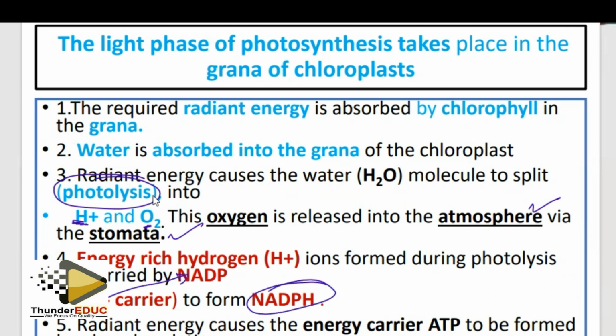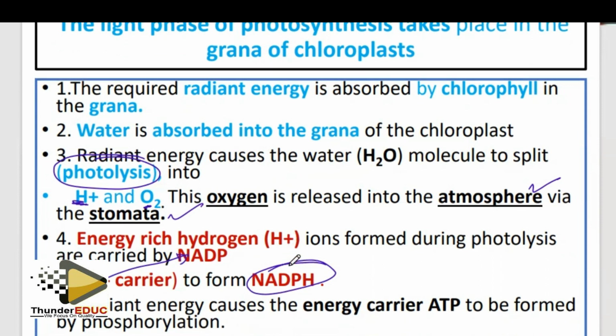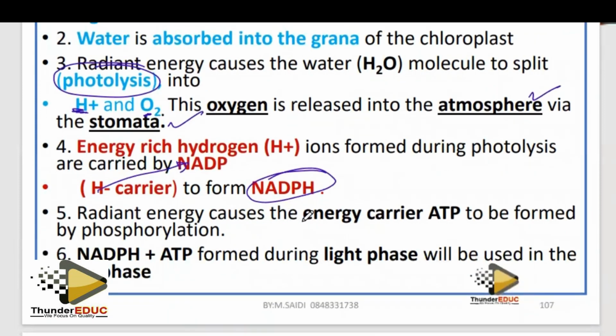So now it's the NADPH which moves to the dark phase.